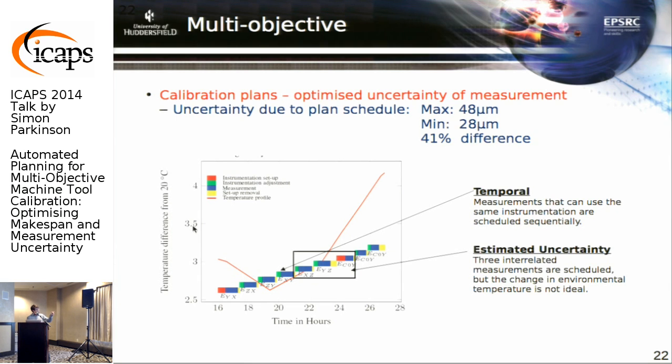And then you can also see how some of the measurements where uncertainty propagates through are scheduled where the temperature variation is not the best, but it's okay. It would be better to have it further on where it's lower, but it's put it in that spot.